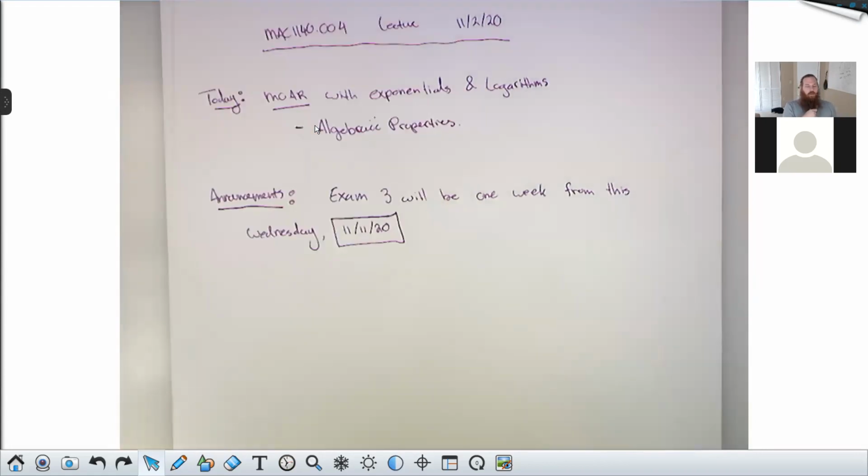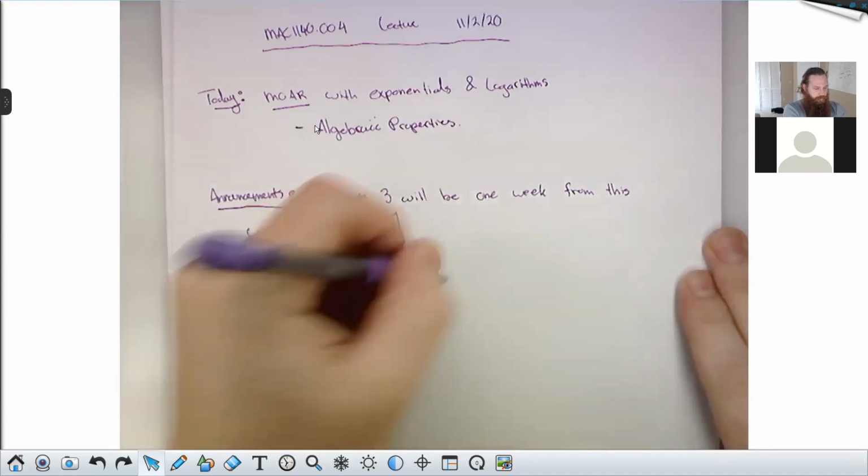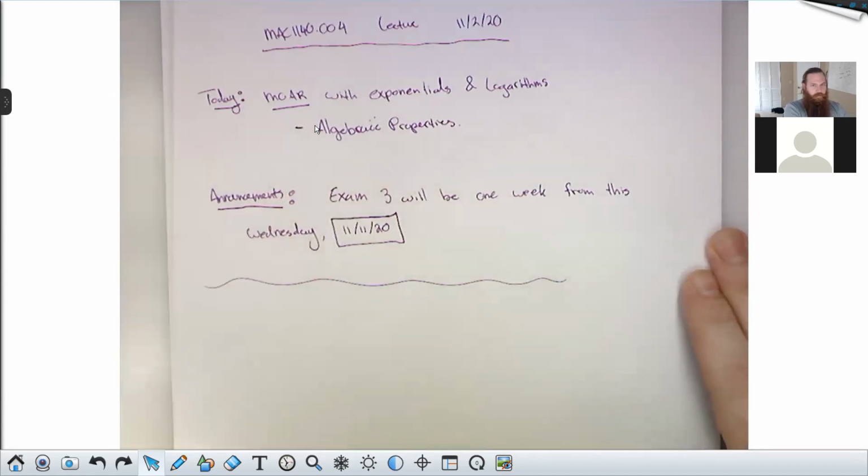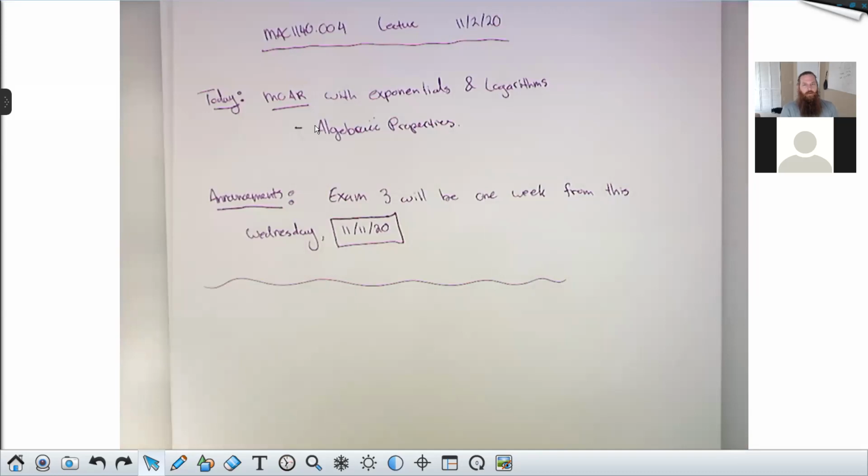So without any further ado, I want to introduce this material by reminding you of the rules for exponents that hopefully we've encountered in past algebra classes, and then show you the corresponding rule for logarithms. So unless there are any questions about the announcement-y stuff, I'll go ahead and continue. Are there any questions or concerns about the exam 3 date or where we're going bookkeeping wise?